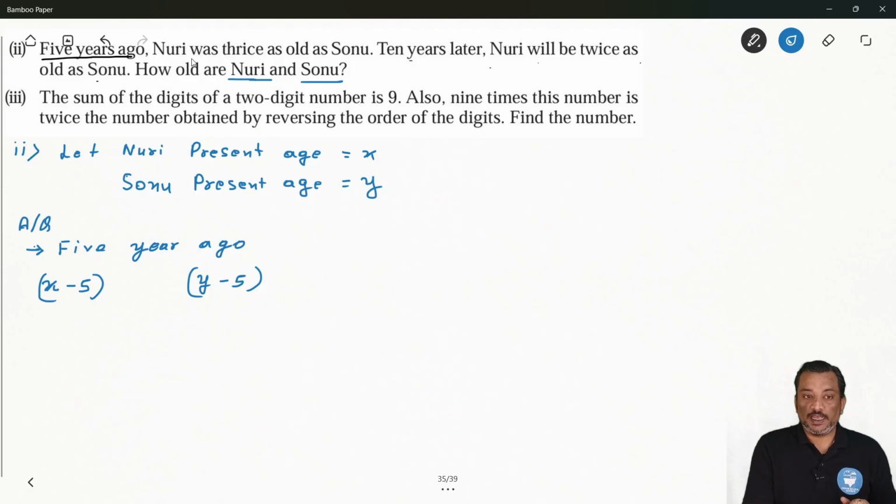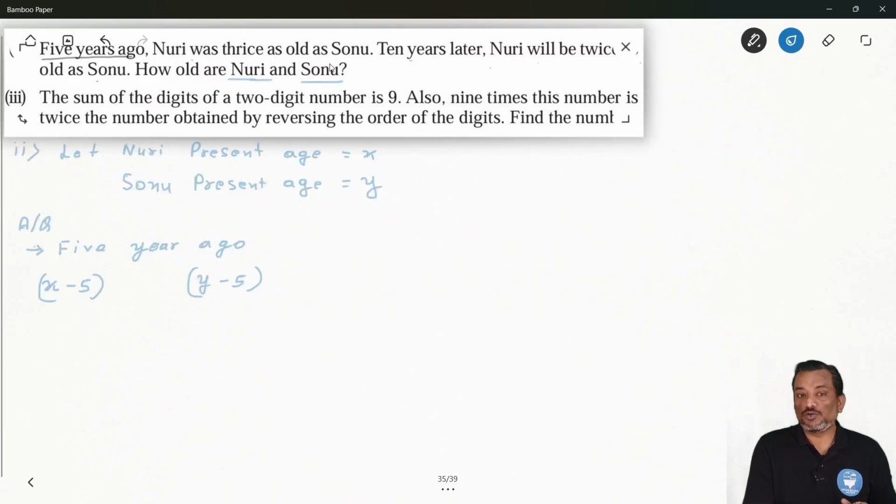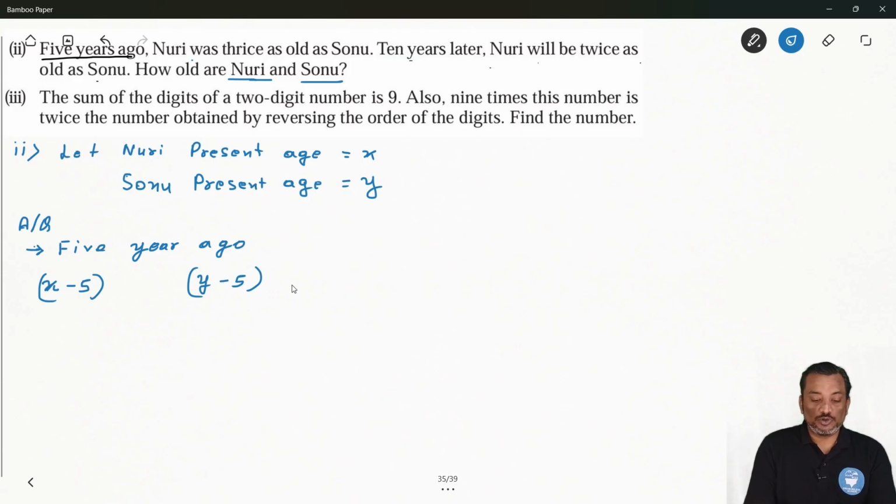Now it says that at that time Nuri was thrice as old as Sonu. So Nuri's age is equal to 3 times Sonu's age. So you will get the equation, and you can solve it now. So x minus 5 is equal to 3y minus 15.